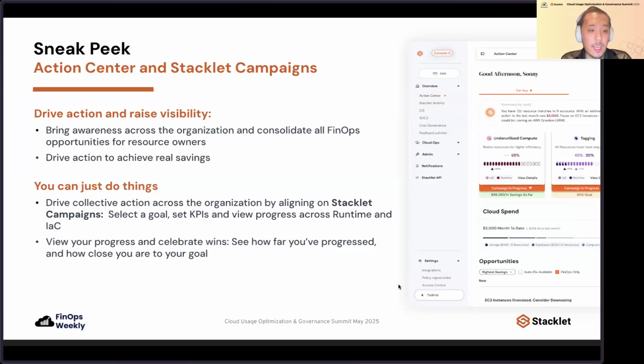So being able to say, hey, for this quarter, we're going to try to get our underutilized compute under control. We're going to set a savings goal. We may also set a goal in terms of resource compliance. So embedding those KPIs directly into your process so that you can measure up and see how you're doing and celebrate those wins as you get there.